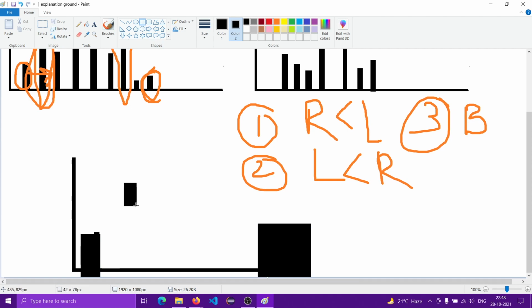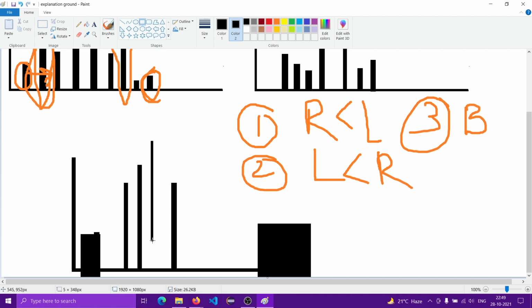But at a certain position, we have reached a point where we have the right and left edges as these two blocks. They are of the same height. And now we don't know if we should move from the left edge or from the right edge. Where should we move from? Let's say this one is larger and this one is even larger, whatever.